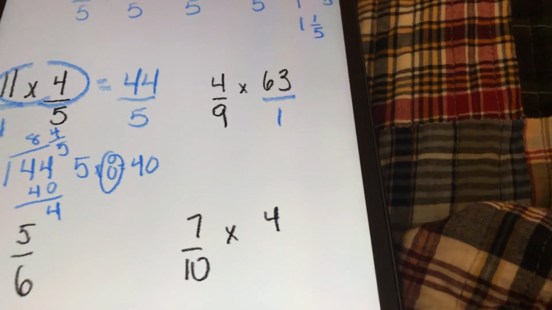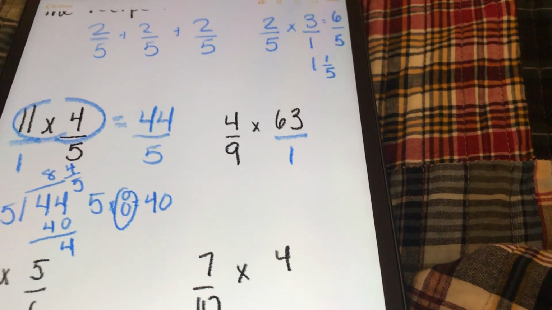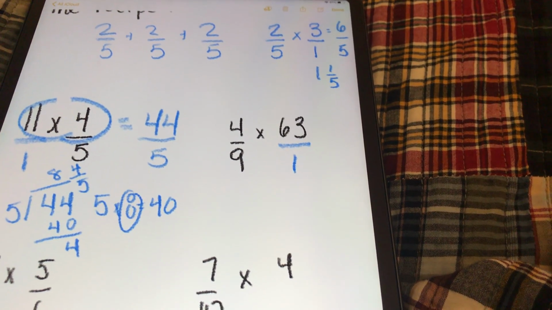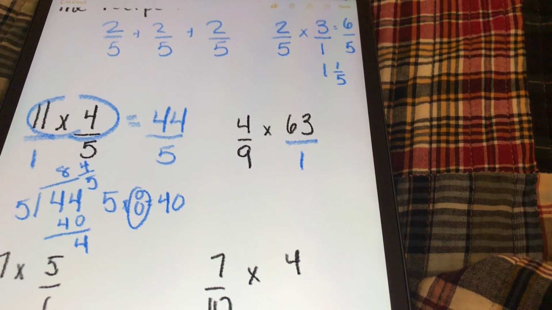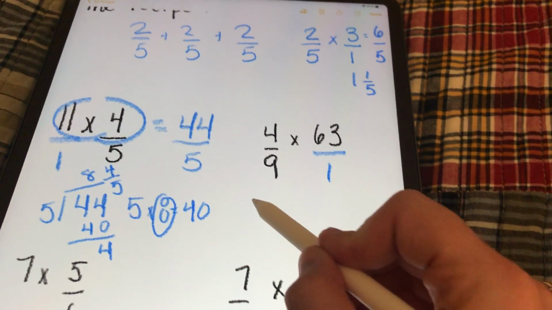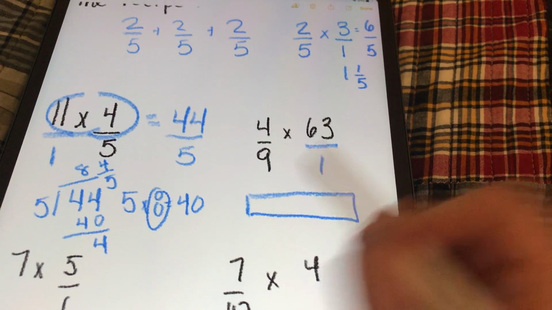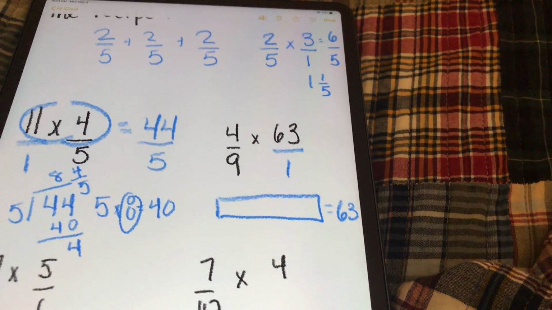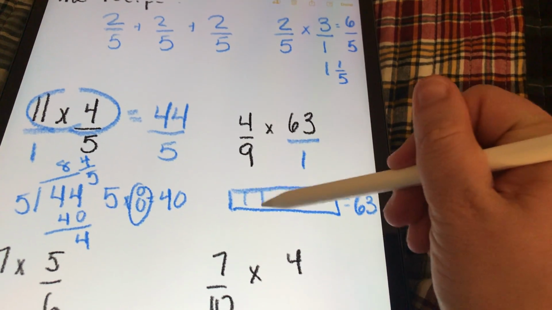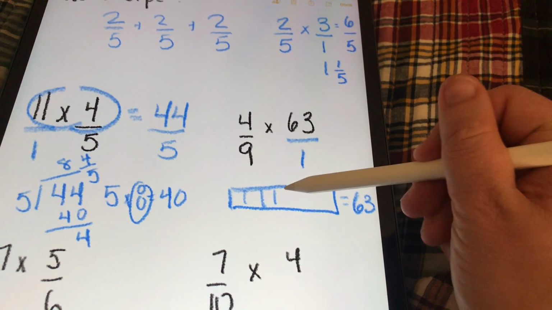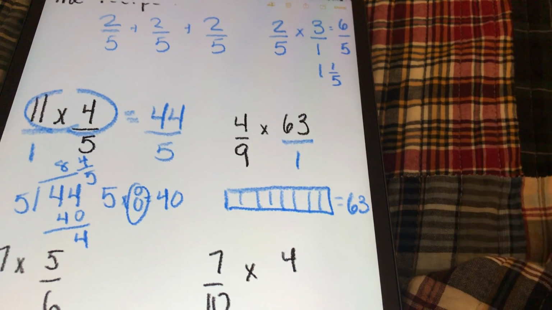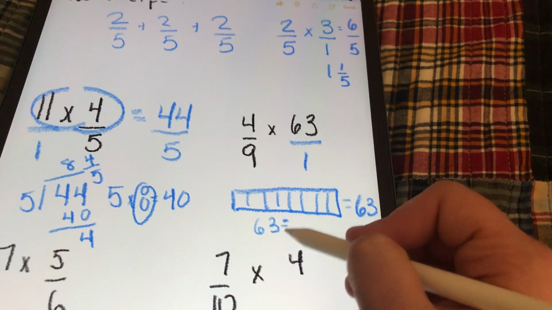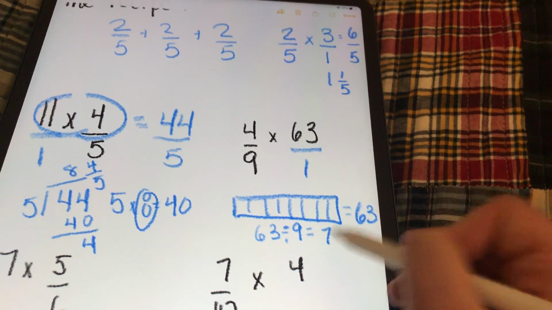Okay, so now this is where the other strategy might be better for you. Because if you're going to do this strategy, then the first thing you need to do is 63 times 4. You can go ahead and do that, but I also know that if I were to draw a bar graph and call it 63, and I broke this into ninths, 1, 2, 3, I know that 63 divided by 9 equals 7.